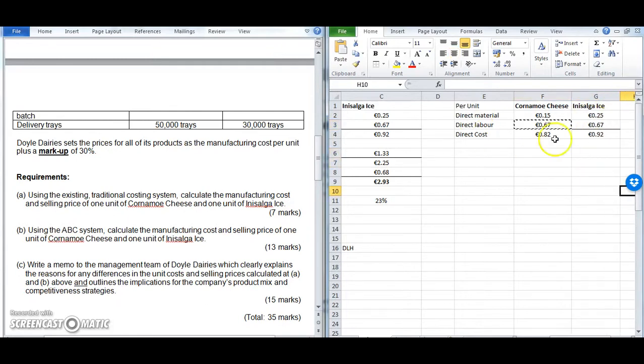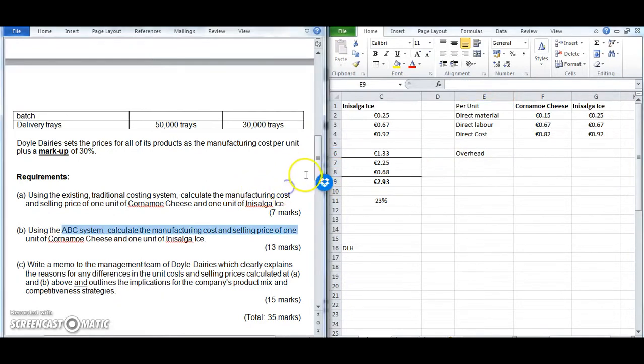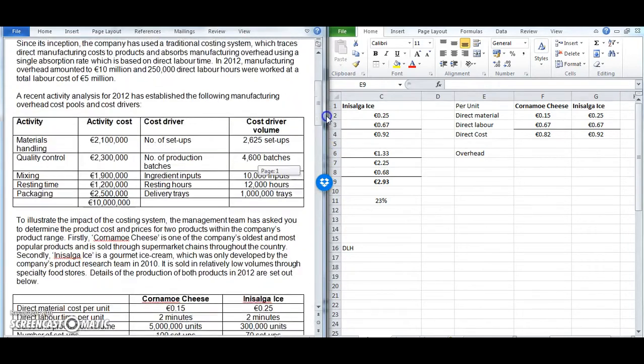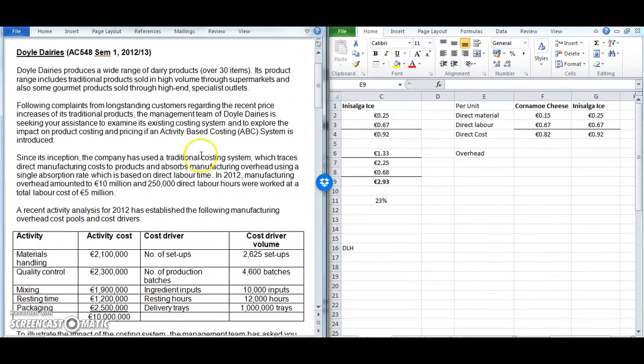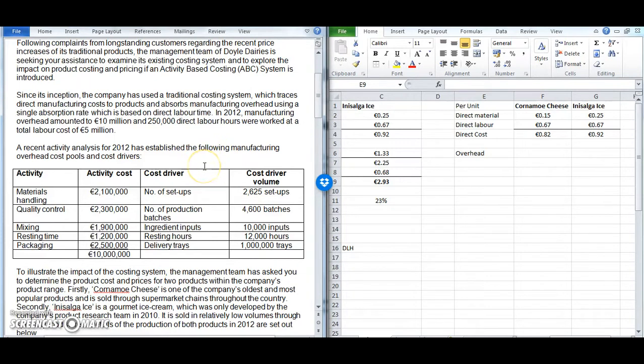They've always been applicable. What will change is your overhead allocation. And to look at that, we have to look at, well, of that 10 million, what goes on in the company. So again, instead of just looking at the 10 million, same as before, we'll break down the 10 million into its core activities. So materials handling, about a fifth, quality control, another fifth, packaging, a quarter, mixing about a fifth, and resting time, you're talking about a tenth of the overheads.